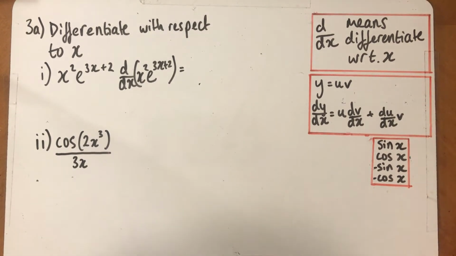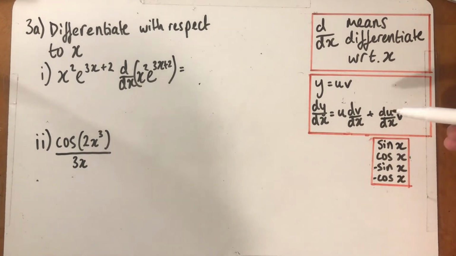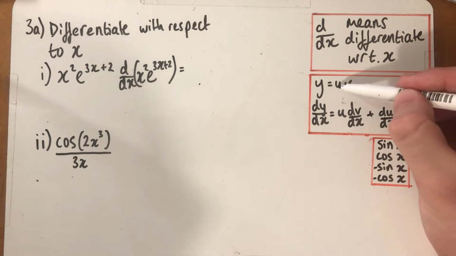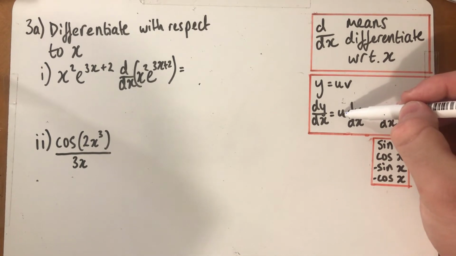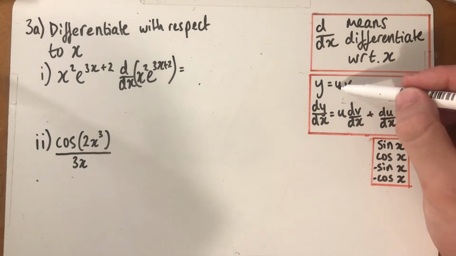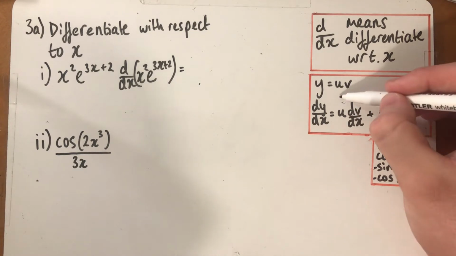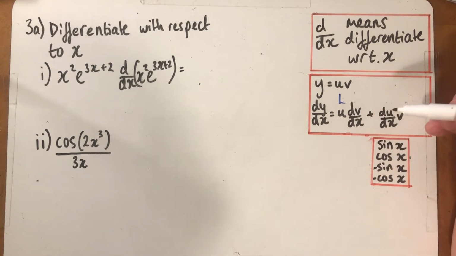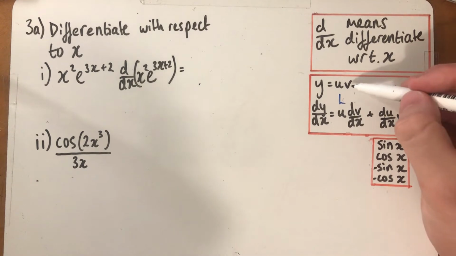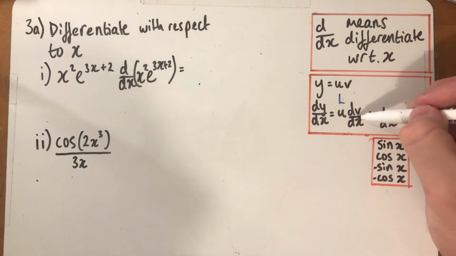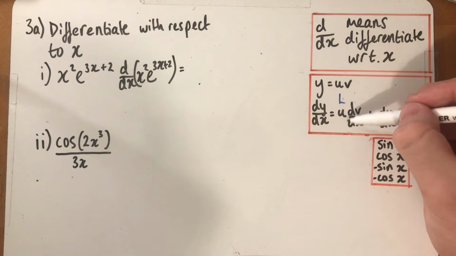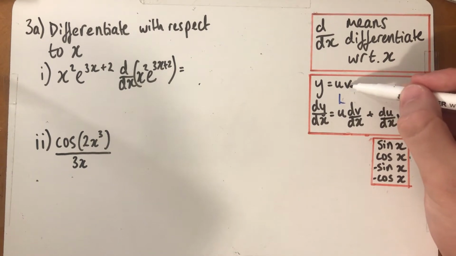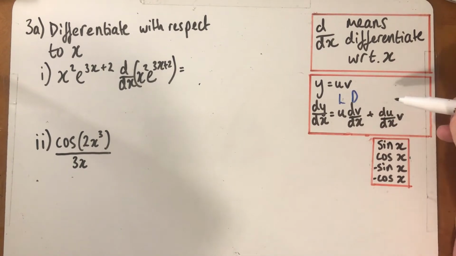Okay, so let's have a look at how this rule actually works. I'm going to show you an interesting way that you can remember this rule. The u has been left, nothing has been done to the u here, so I'm going to write an L there for leave. The v has been differentiated with respect to x to get dv by dx, so I'm going to write a d here.